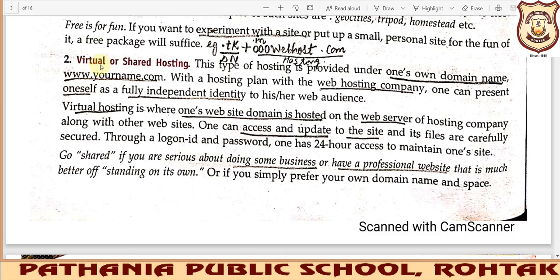So in that case, why is it named virtual or shared hosting? Because you are using the server of a particular website, and that server is also hosting other websites that are paying. Like I am using GoDaddy's server to host my website, you can also use the GoDaddy server to host your website. So in that case we are using shared hosting with GoDaddy with each other, right?